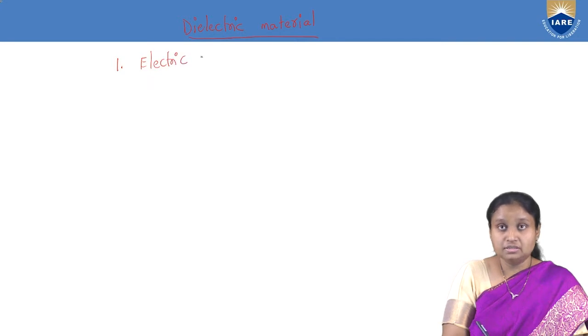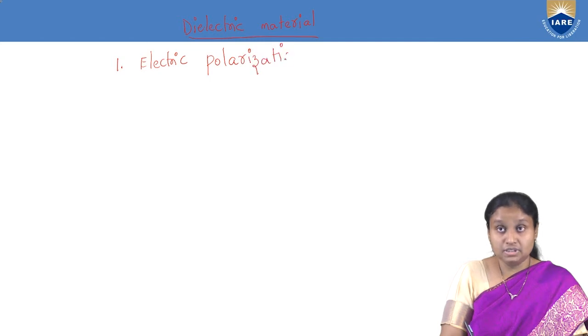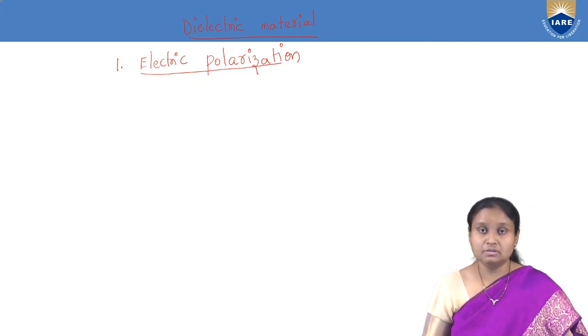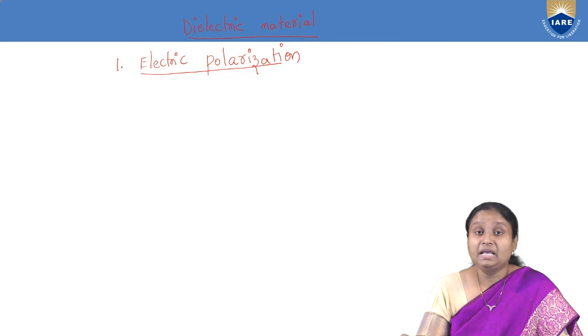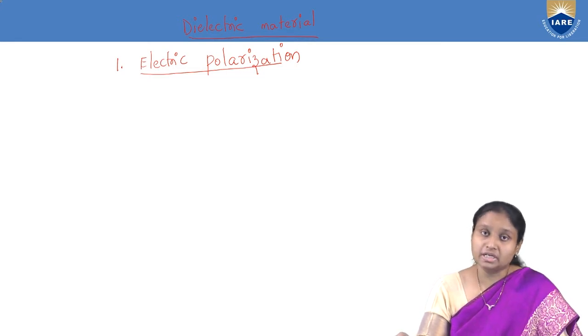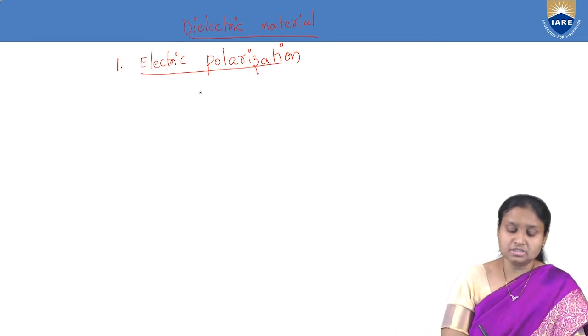We know that dielectrics are generally insulators. They don't have any free electrons, but when we apply an electric field to dielectric materials, they have the property of getting polarized. Now, what is the process of polarization? Let's quickly recollect this.